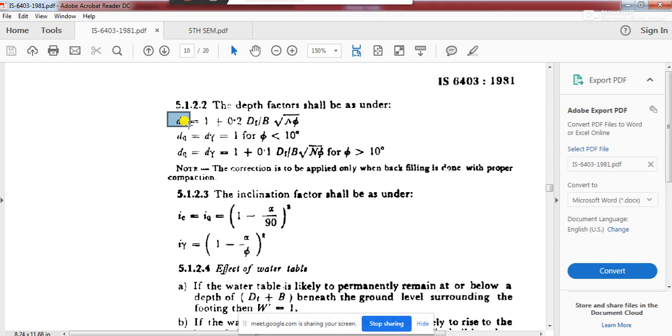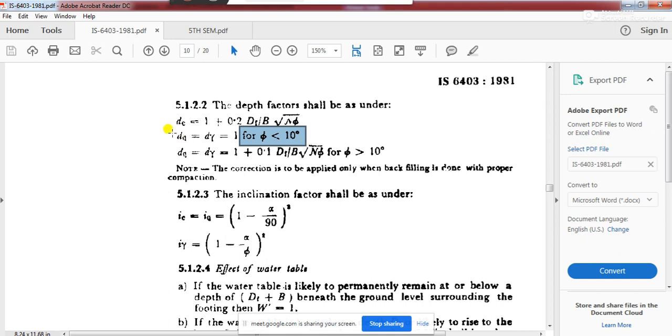Now you observe one thing, this DQ, D gamma value is given for two different zones. If the value of phi is less than 10 degree, that means the soil is almost cohesive in nature, not much sandy in nature. The angle of internal friction is very less.